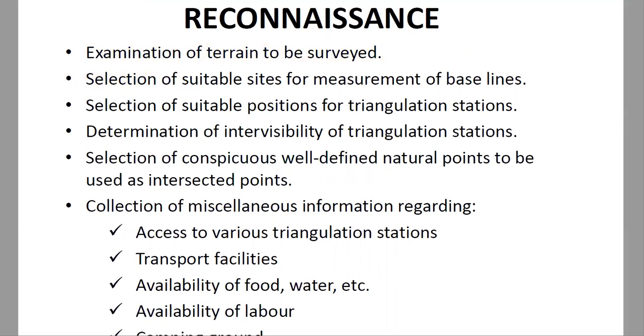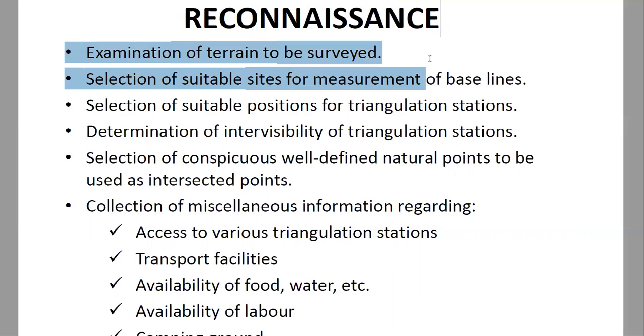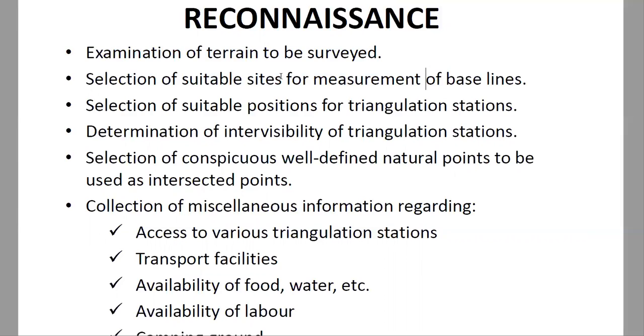We'll select according to our comfort that this line is easy for measurements. So this will be selected as our baseline, and other lines we need not measure because we'll calculate them using the trigonometric relations with the help of azimuths.